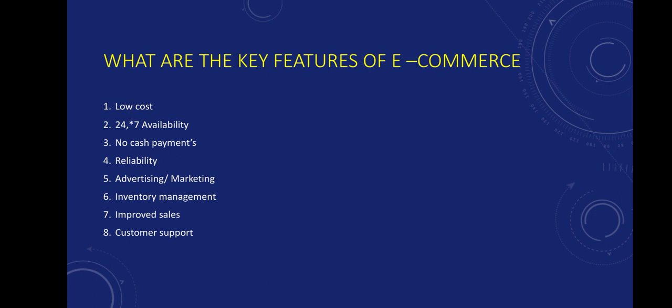Systems are used to maintain all warehouse details and inventory details. We can check at any time what goods are available and what goods need to be ordered. All inventory management is very easy. This is also one of the key features of e-commerce.